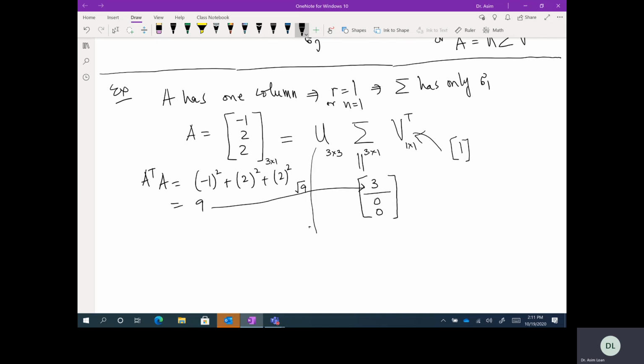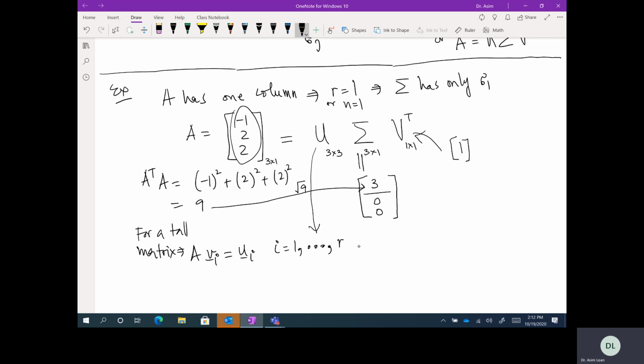What about U? Since this is a tall matrix, I told you to use A times Vi equals sigma i Ui for i equal to 1 to R. This has only one column, so it is one column independent, so obviously the rank R is 1. So for a tall matrix, use this one.